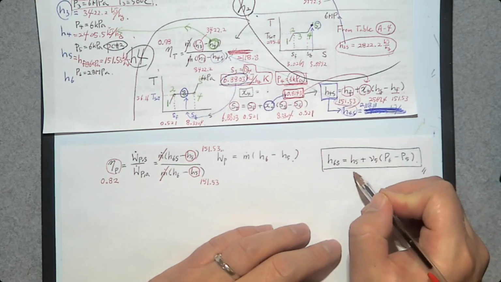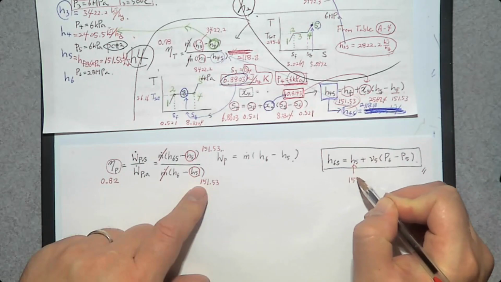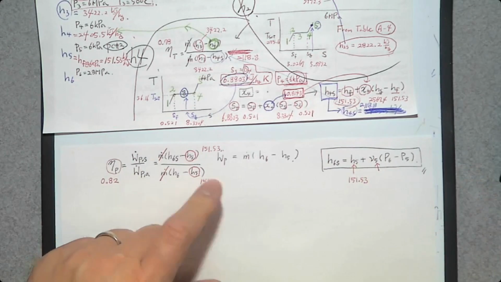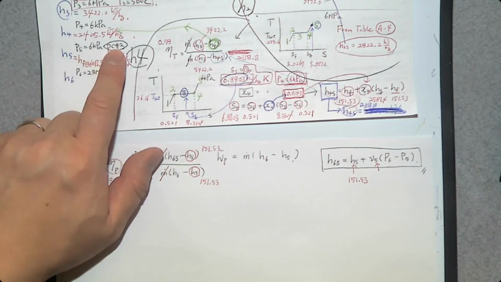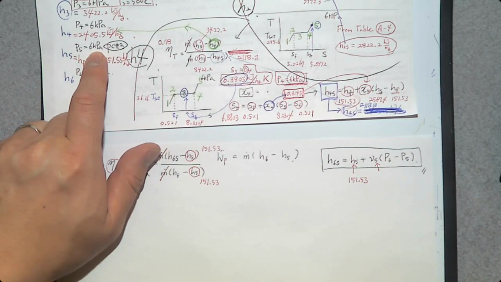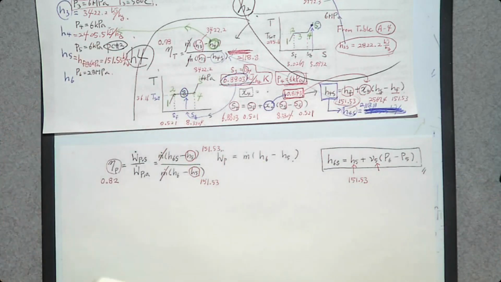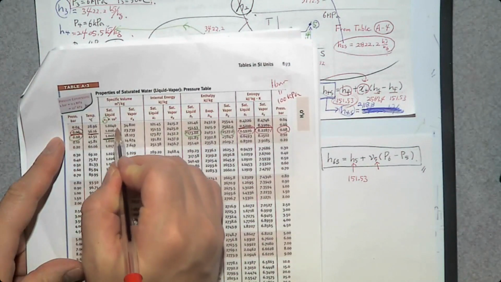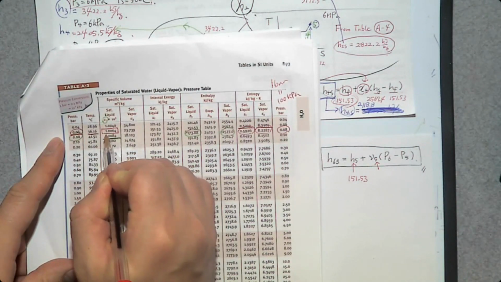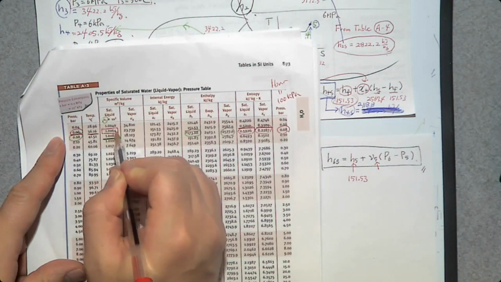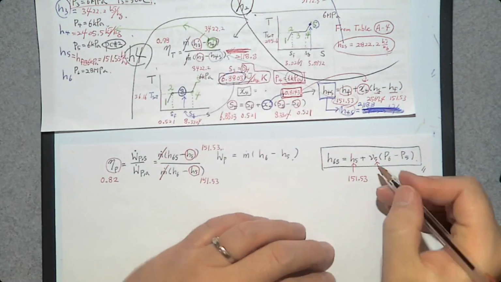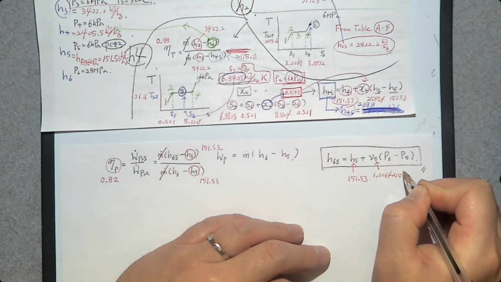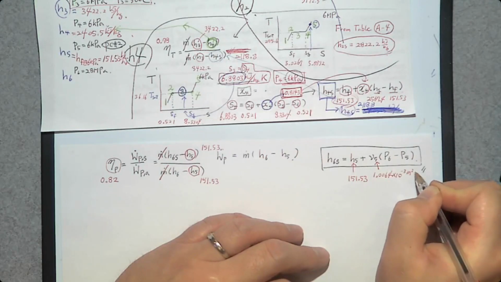So what is H5? We know 151.53. What is the specific volume of saturated liquid at 6 kilopascal? At 6 kilopascal, this is the specific volume, 1.0064 times 10 to the minus 3 cubic meters per kilogram.